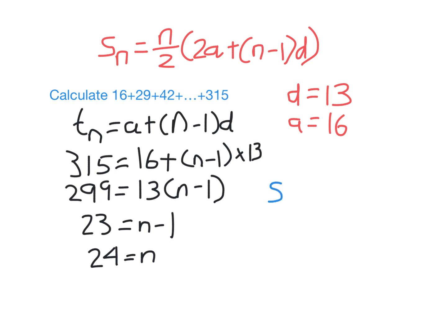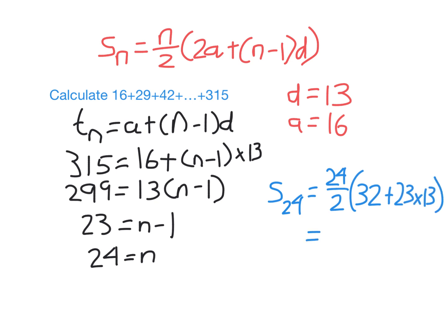So I'm calculating S24. It is n over 2, 2 times a, so 2 times 16, plus (n minus 1) times d. You can just put that straight in your calculator and you get 3972.